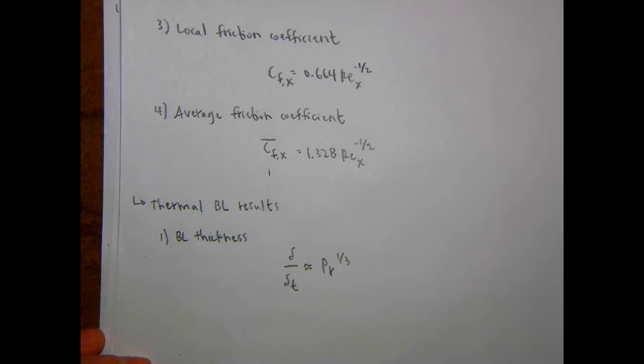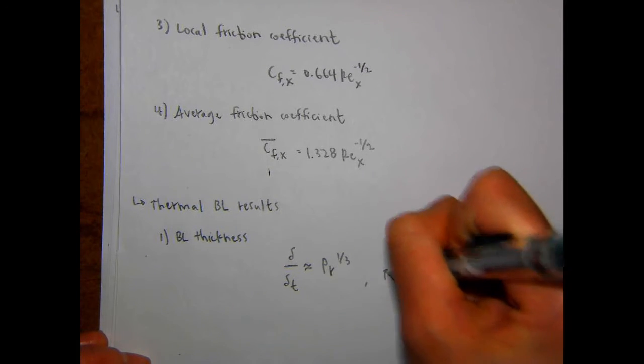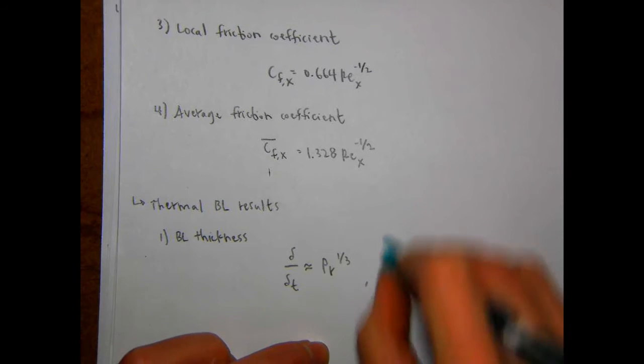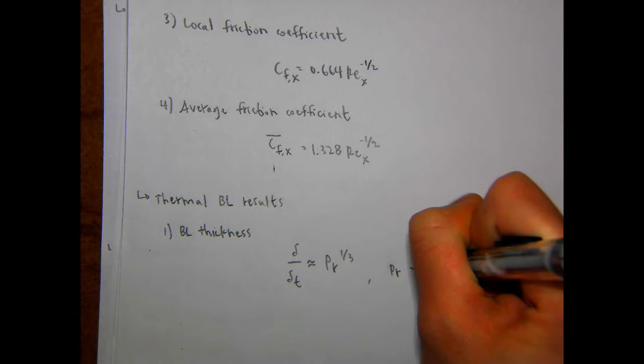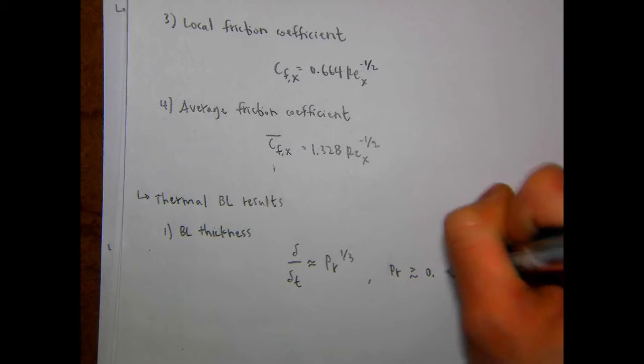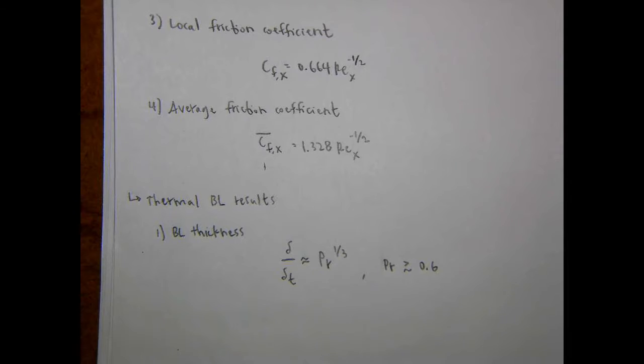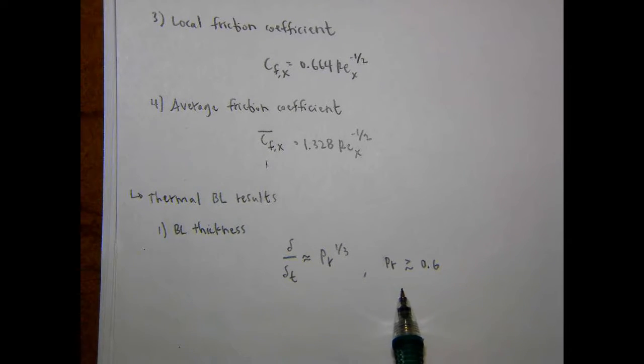If you calculate the velocity boundary layer expression we wrote down, you can calculate the thermal boundary layer just from the Prandtl number. This is applicable for Prandtl numbers greater than approximately 0.6. There are frequently going to be restrictions on the range of the Prandtl number or Reynolds number that an expression is appropriate for, so make sure you're in the correct range before using it.